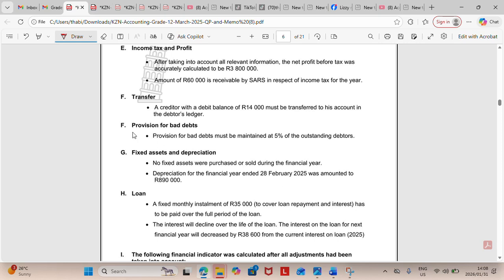So let's proceed. Information E, after taking into account all relevant information, the net profit after tax was accurately calculated to be how much? 3,800,000. Okay, so this is net profit. Net profit after tax, it's net profit before tax.